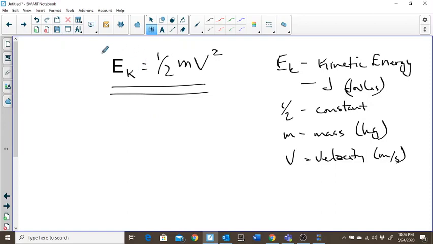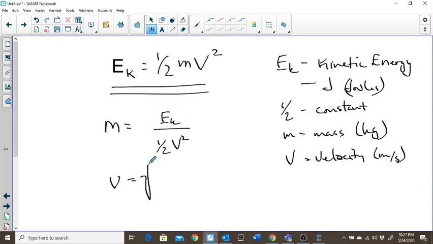So we can calculate EK as 1/2 mv squared, or we could talk about the mass, and the mass is going to be our EK over our v squared, and we're also going to have our 1/2 down here. Or we can talk about velocity. Hold on, we've got that squared thing in there.